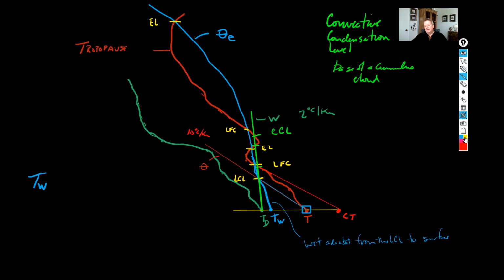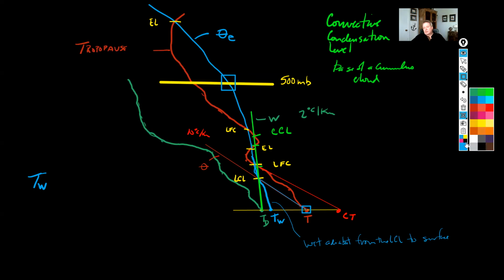All right, now let's go here. Let's say that this line is 500 millibars. That's usually considered the beginning of the atmosphere. This is the parcel temperature at 500 millibars. This is the atmospheric temperature at 500 millibars.